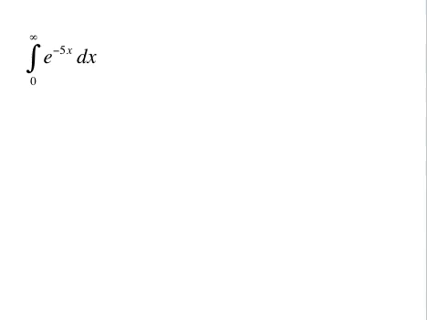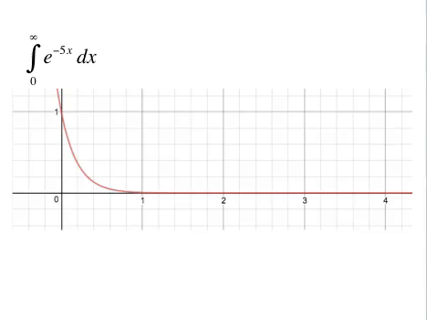But before we do that, let's take a look at a graph. Do we think from the graph that there's a chance that this will converge to a single number, or do we think this is going to continue to grow without bound? So here's the graph of e to the negative 5x. Notice it is decreasing very rapidly. Even on our graph with pretty good precision, where each box represents a fifth, it sure looks like that red graph is directly on the y-axis.